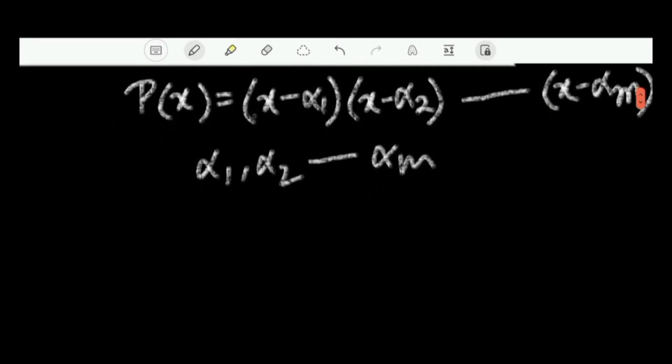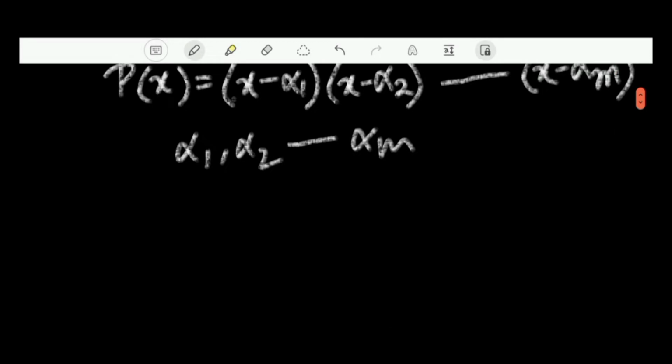And if you are talking about a polynomial over real numbers, it may have complex roots.